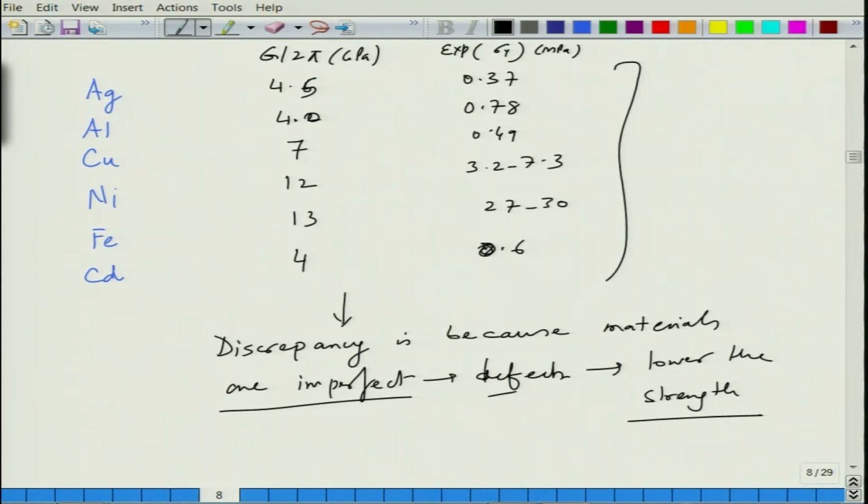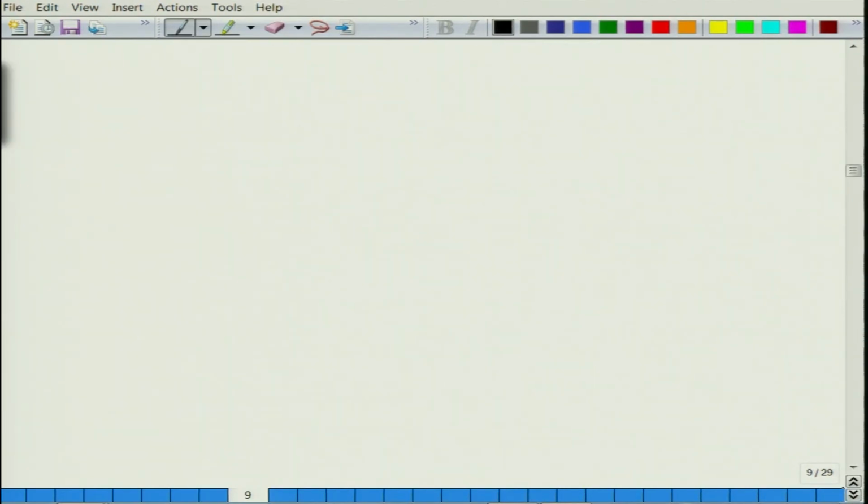Basically, we will see how these defects lower the strength of the materials, and the presence of these defects causes a substantial decrease in the strength of these materials. The credit for looking at why the experimental strengths are lower goes to a few scientists.